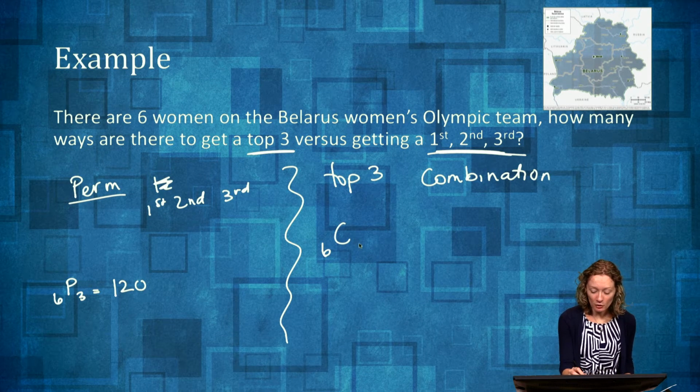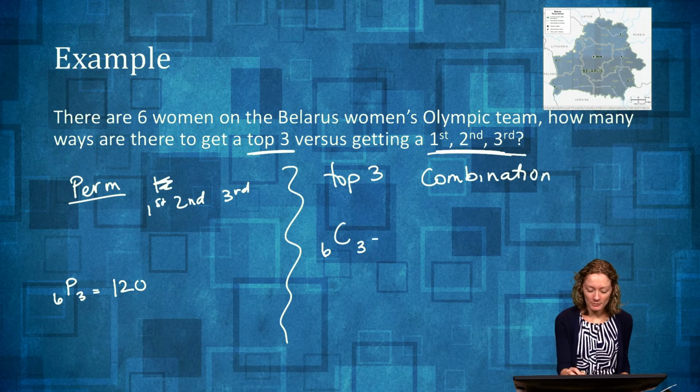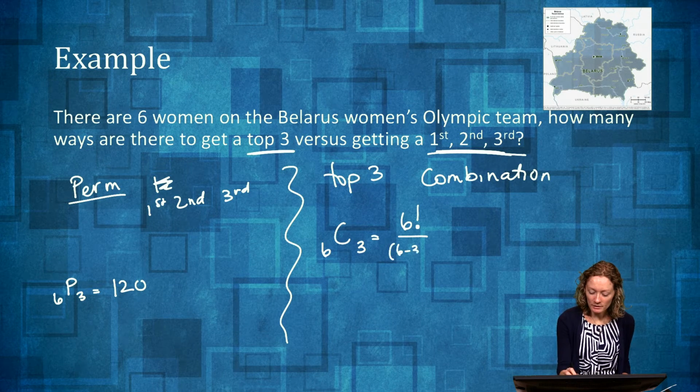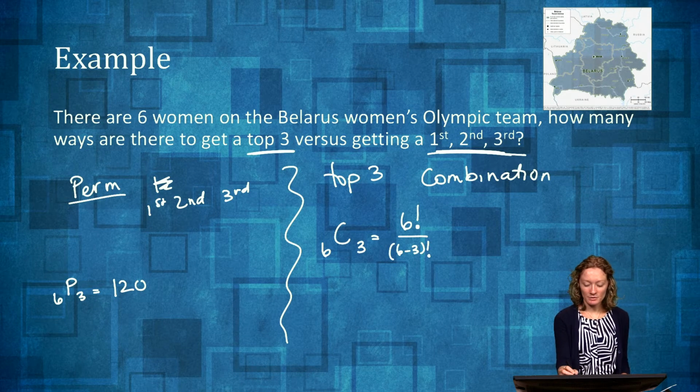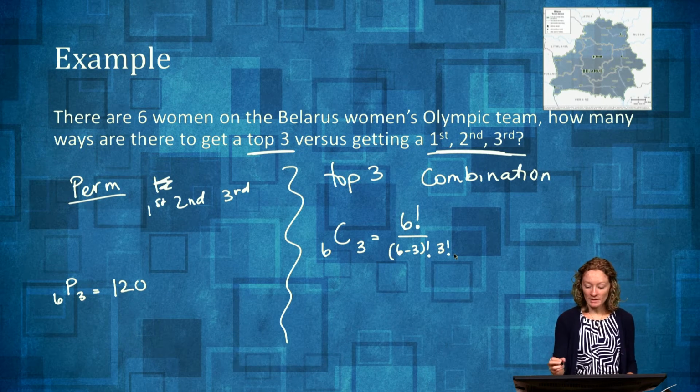There are still 6 total, and we're still selecting 3 of them, but the order of those top 3 does not matter. I'm going to do this one by hand so you can see it, but know that you could just type it in the calculator. It's 6 factorial divided by 6 minus 3 factorial times whatever r is, which is 3 factorial. The only additional component from the permutation is this piece right here.